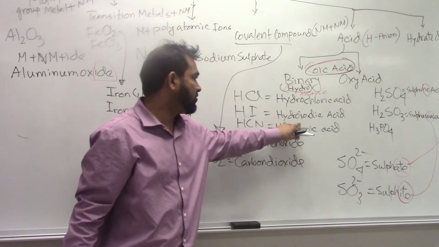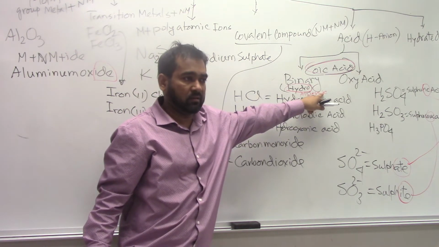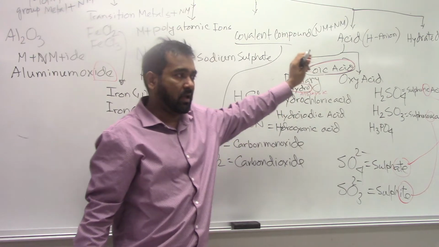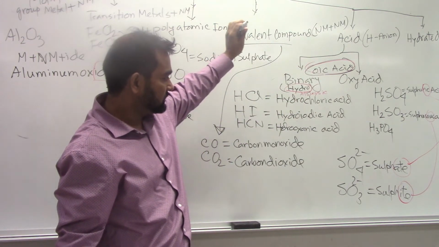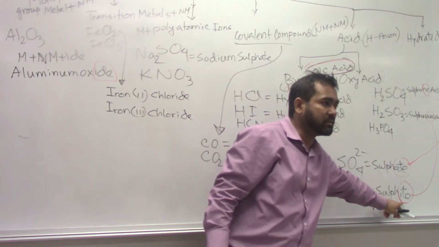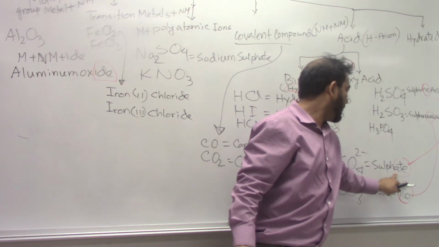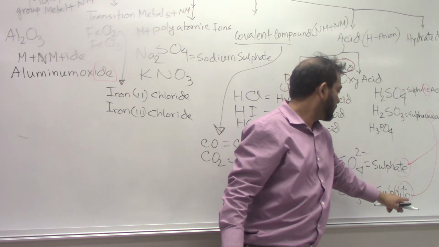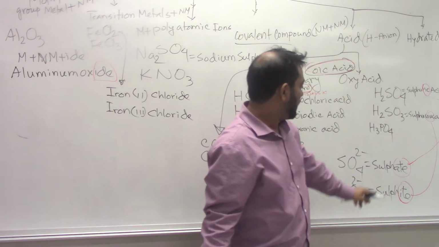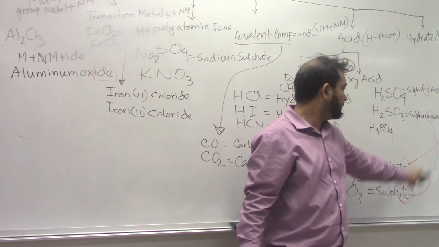Hydrocyanic acid, hydroiodic acid, hydrochloric acid, you see? They always use ic. And for oxy acids, ic is only for ate. Actually ate becomes ic and ite becomes ous.